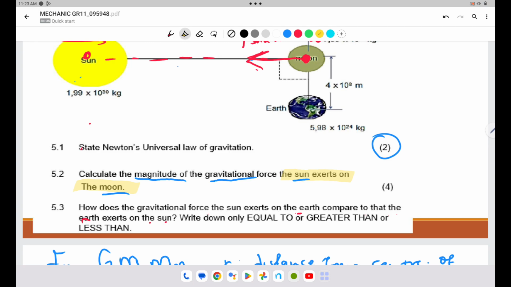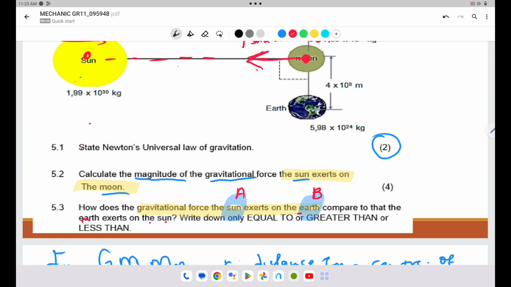So over here we are talking about a gravitational force that the sun exerts on the earth. What are the objects of interest? Object 1 is the sun. Object number 2 is the earth. I can call this object A, this one object B. So we are comparing the force that sun exerts on earth to the force that earth exerts on the sun.